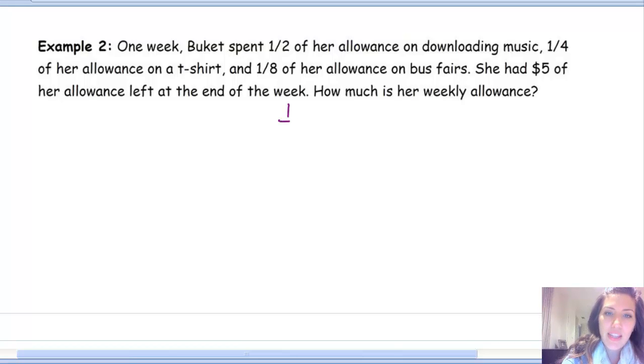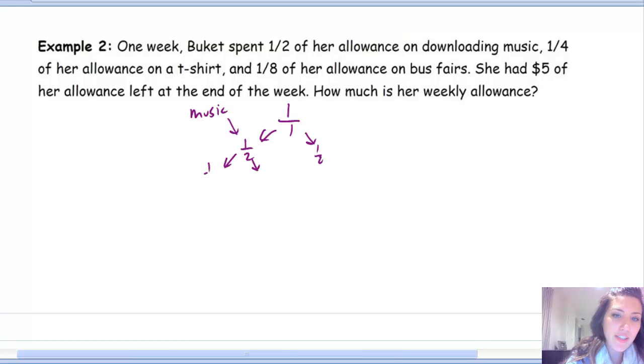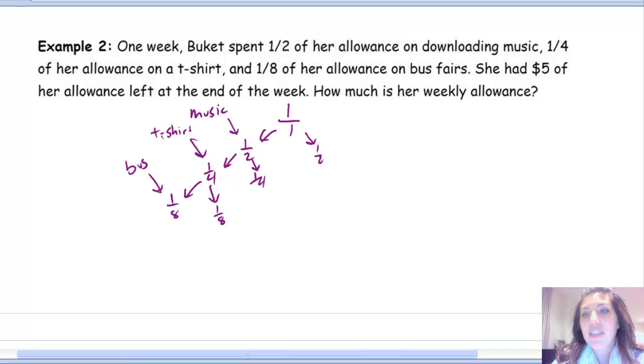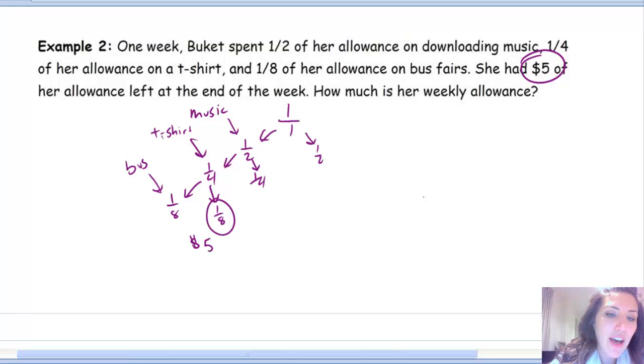So, if her weekly allowance is the whole, we can say that half went to music, and then that half was broken up into quarters, and a quarter went to clothes, and then that quarter was broken up into eighths, and this was for the bus. And we know that at the end she had $5 remaining, so that means that this remaining here must be $5.